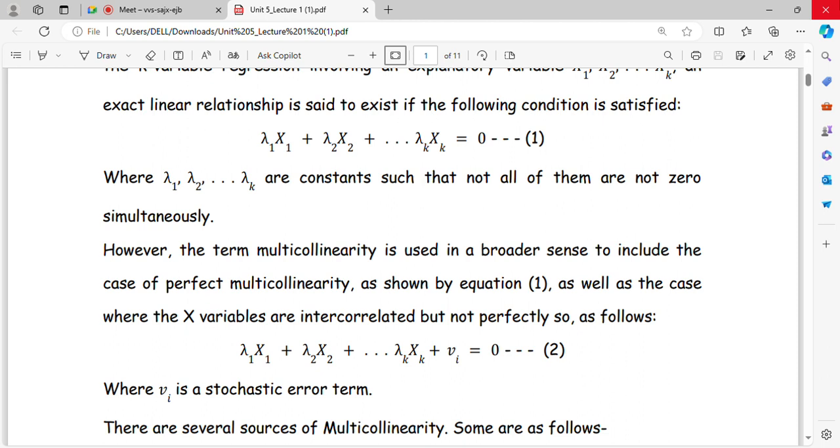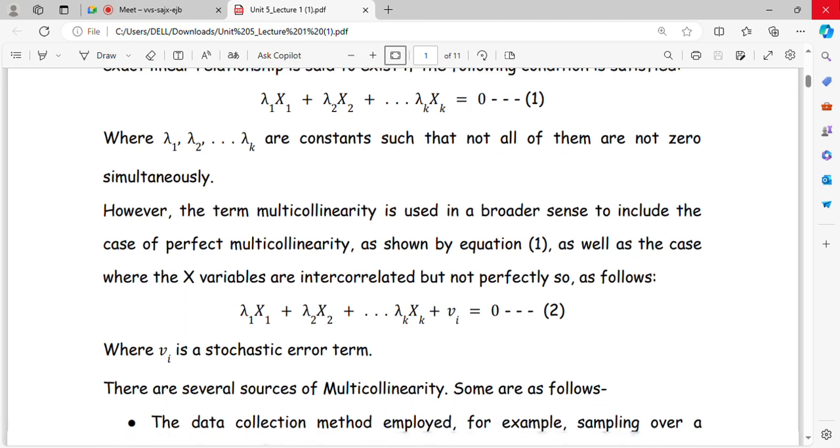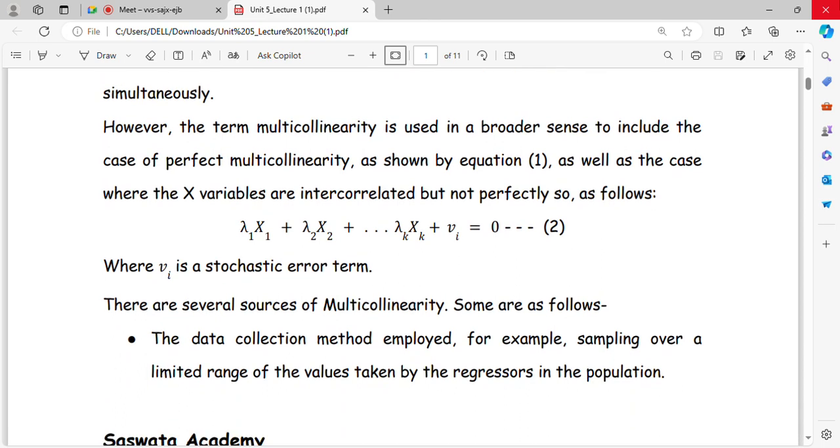From equation 1 we can clearly say that there is perfect multicollinearity, whereas from equation 2 we cannot say there is perfect multicollinearity; rather, there is some multicollinearity. So there can be two types: one is perfect, and another is not perfect but still has a multicollinearity problem.